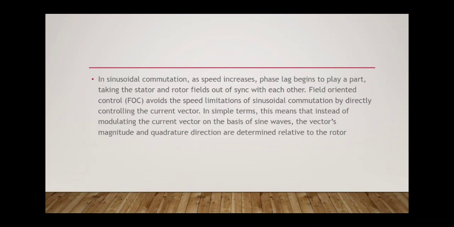Field oriented control avoids the speed limitations of sinusoidal commutation by directly controlling the current vector. In simple terms, this commutation means modulating the current vector on the basis of sine waves, and the vector's magnitude and quadrature direction are determined relative to the rotor.